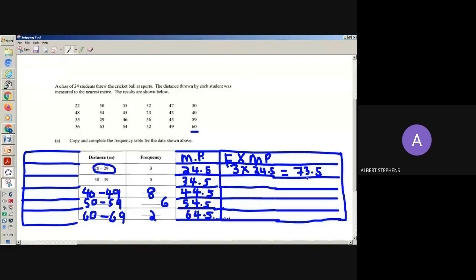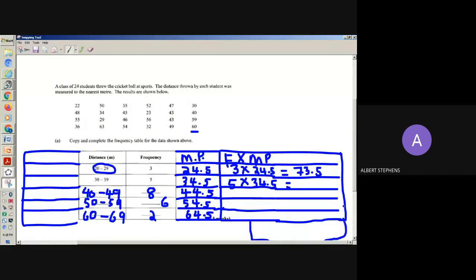All right, and then you're going to do the same thing for all the rows down here. So you're going to say 5 multiplied by 34.5, and you get an answer, and you just continue. When you finish, class, what I want you to do is add all those numbers.